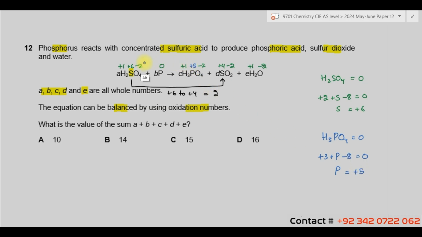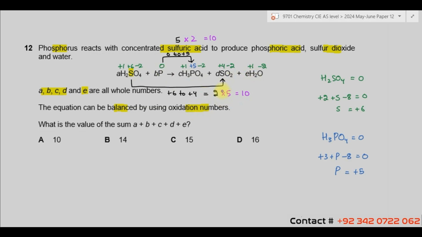So phosphorus moves from 0 to +5. So the change is 5. Let's equalize this change. So we can multiply it by any number. So let's suppose 5 when multiplied with 2, it becomes 10, which will be equal if 2 is multiplied with 5, it will also become 10.